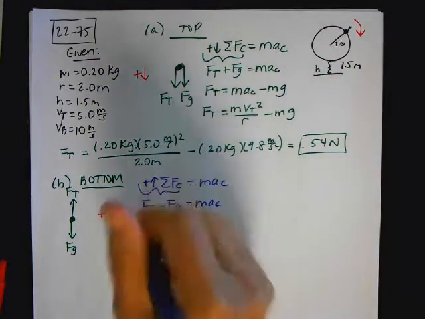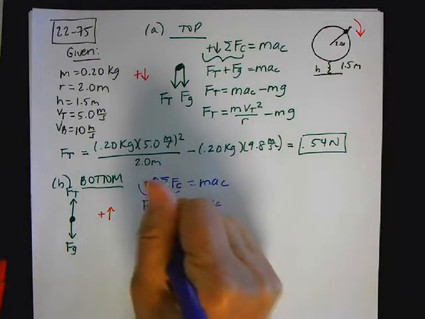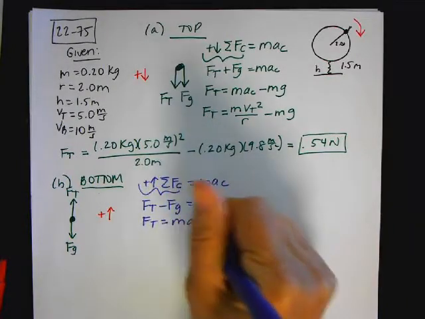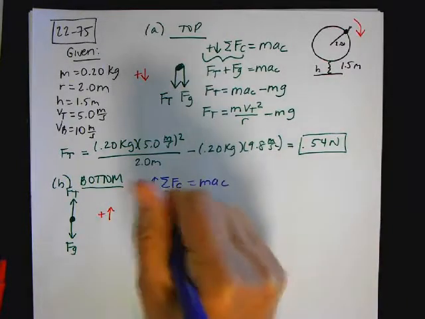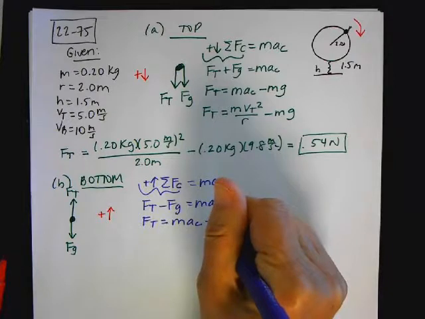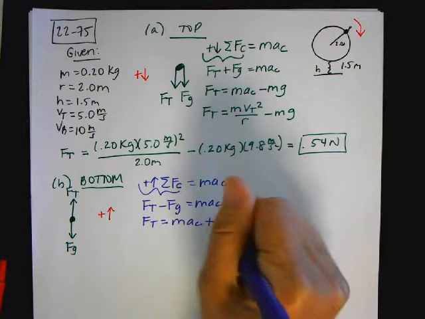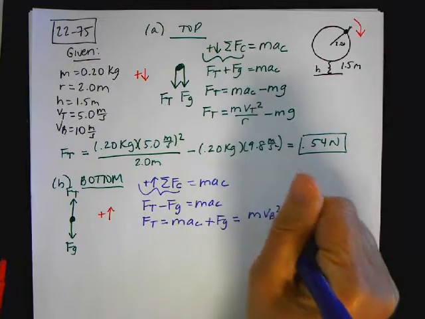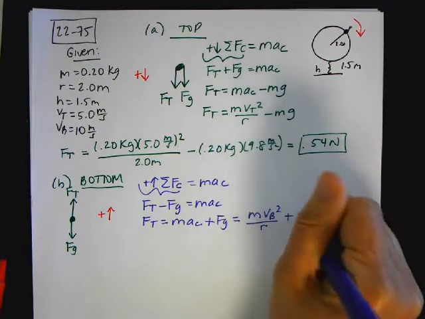So now when I rearrange that, I'll get FT is equal to MAC minus plus, because I'm adding it to the other side, F of G. So that's equal to M, the velocity at the bottom, squared over R plus mg.